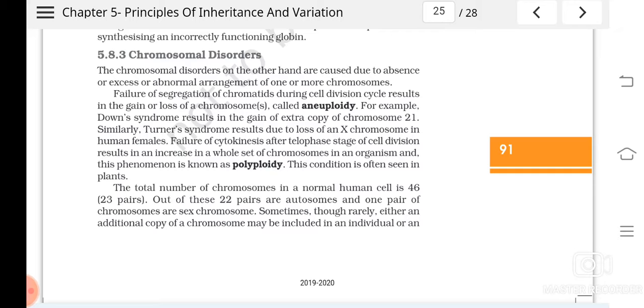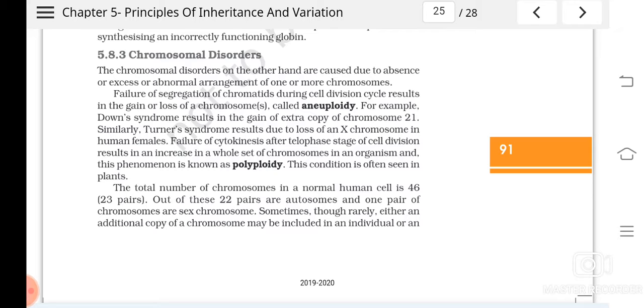If this does not happen, in the daughter cells one or more chromosomes will be extra in one cell, and the other cell may get less. Understood?